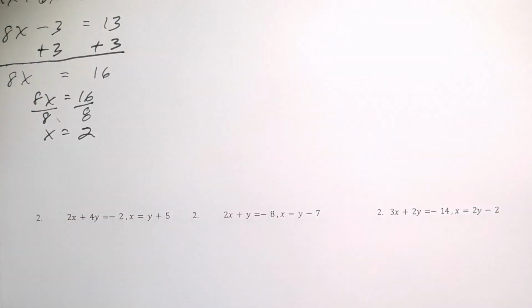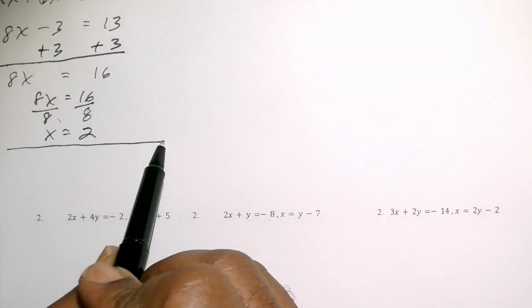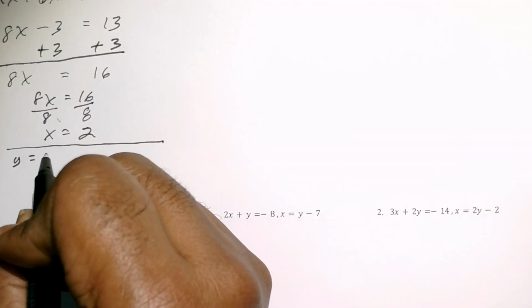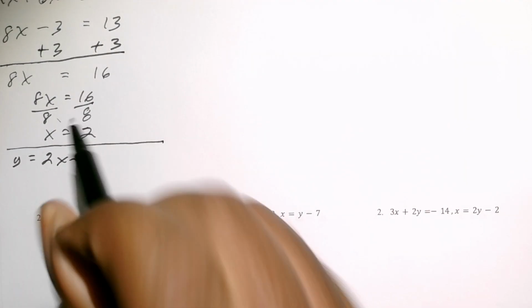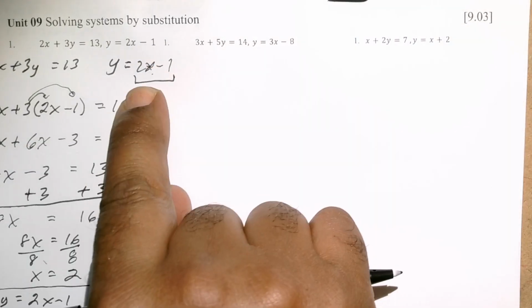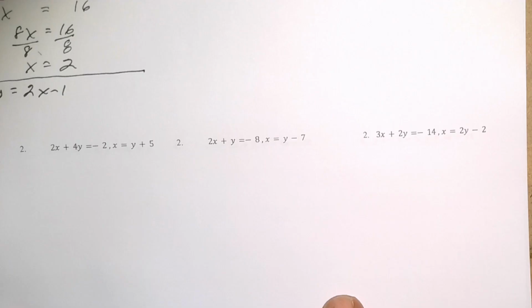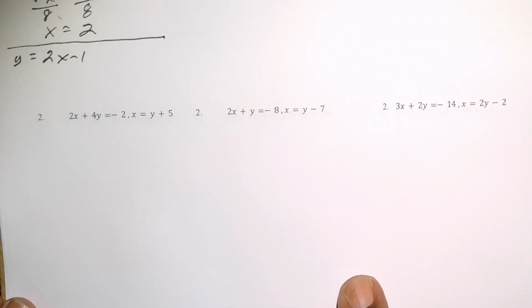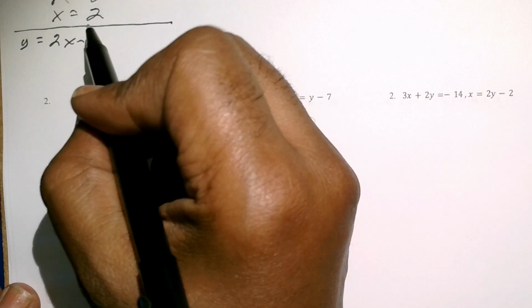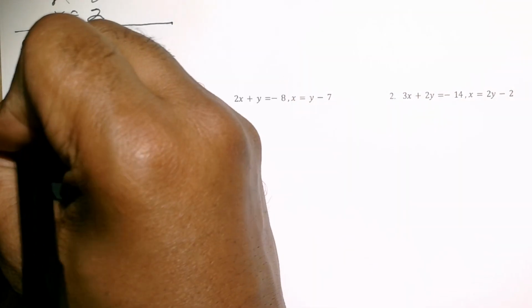and we have x is 2. Now from here, we're going to find out what y is. Remember that y = 2x - 1. That came from this one right here. What we're going to do is solve by using substitution. Since we know that x is 2, we use substitution again.